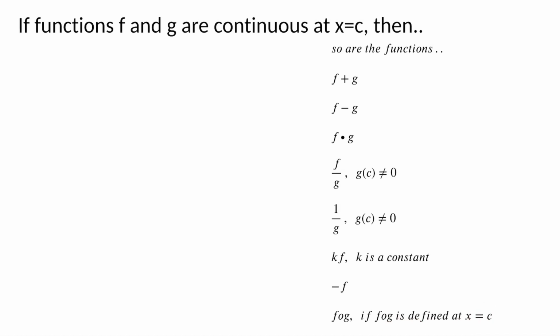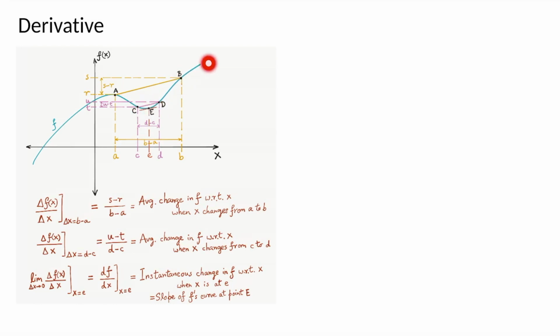Now in this session we will move on, and first we will try to understand the notion of derivative. To do that, look at this graph of a function that is shown here, and let us say that we are interested in finding the derivative of this function at this point x equal to e, that is shown here. Now the derivative is defined as the instantaneous change in the value of a function per unit change in x.